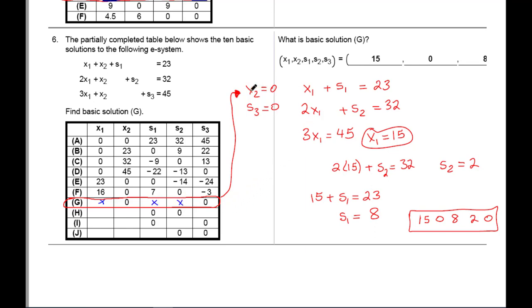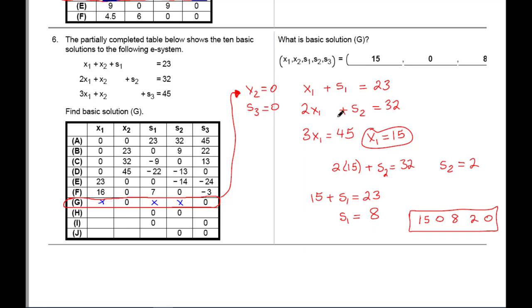So come back over here. Here are all the variables. I'm going to plug in x2 is 0, s3 is 0, and figure out what's going on. So let's see. If this is the case, that's gone. x1, s1 is 23. Let's see, x2 is 0, so I get 2x1, s2 is 32.